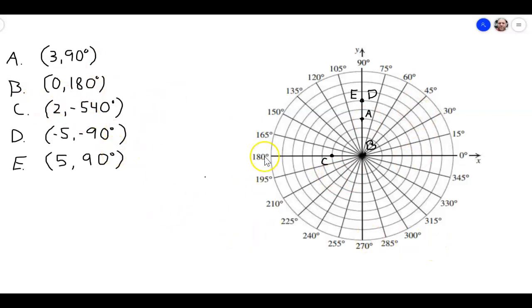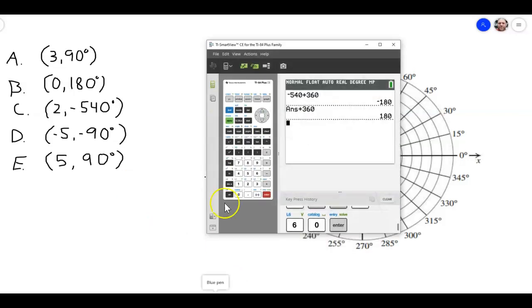So the trickiest part is to understand how a negative radius works. First, you find the direction of your angle. So for example, if I had an angle that was 150, but I had a negative radius, I would go 150 plus 180, right?